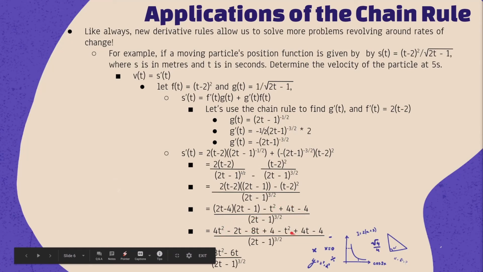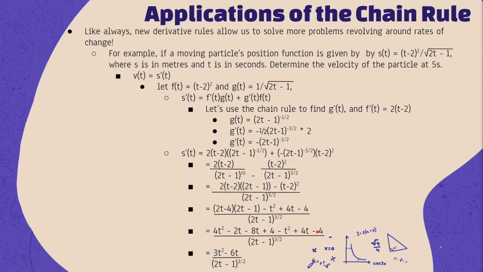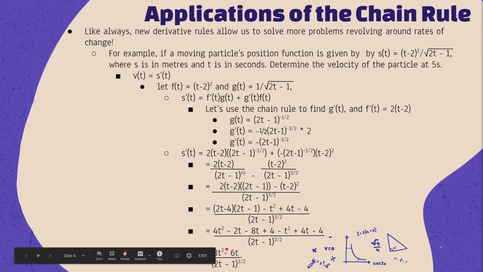Now let's collect like terms. 4t squared minus t squared is 3t squared, right? Then we have negative 2t minus 8t, which gives us negative 10t and then plus 4t gives us negative 6t. Then we have a plus 4 and negative 4, which cancels out, and so we get our final answer, which is 3t squared minus 6t, all over 2t minus 1 to the power of 3 over 2.